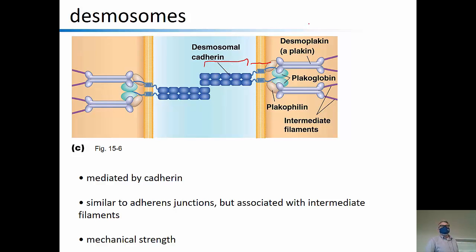However, here, a different type of catenin called desmoplakin allows them to interact indirectly with intermediate filaments. And so the intermediate filaments, remember, give strength. And so these desmosomes provide, as they call it, these spot welds, because it sort of holds two cells together very firmly via these intermediate filaments.